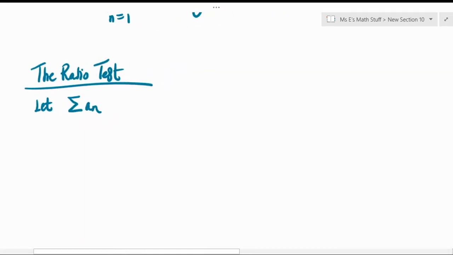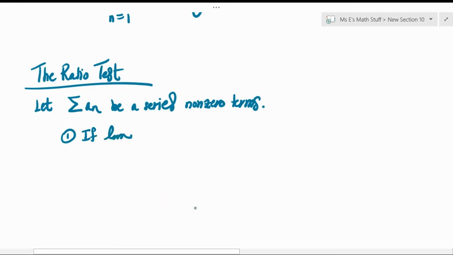So let the infinite sum of all the a sub n's be a series. And the only condition for using the ratio test is that you've got a series of non-zero terms. And so if you do, actually, let me write this differently. I apologize.